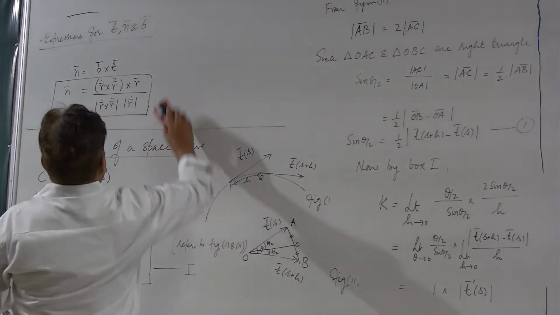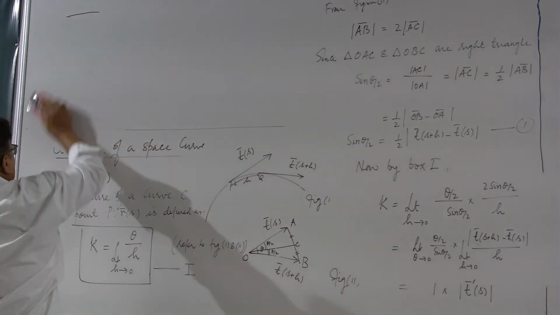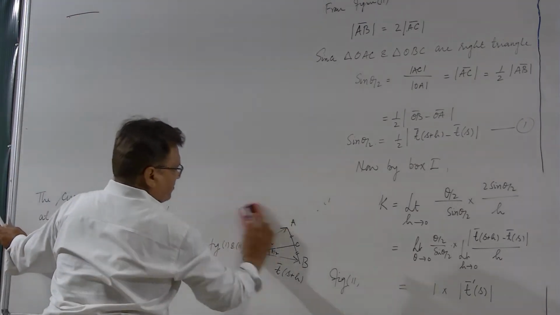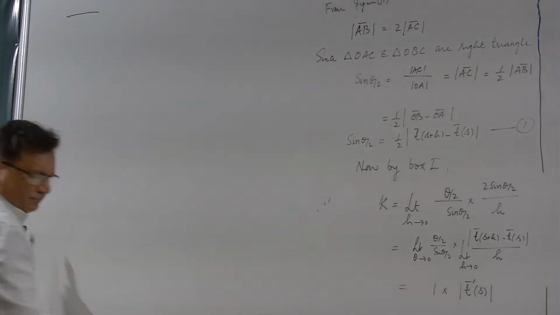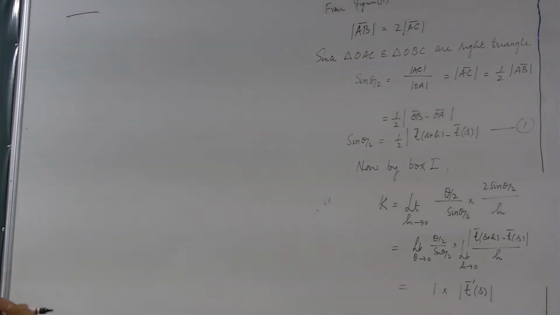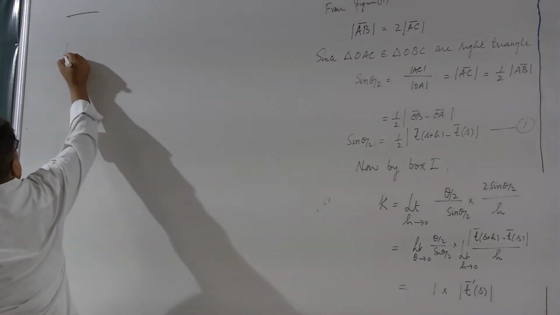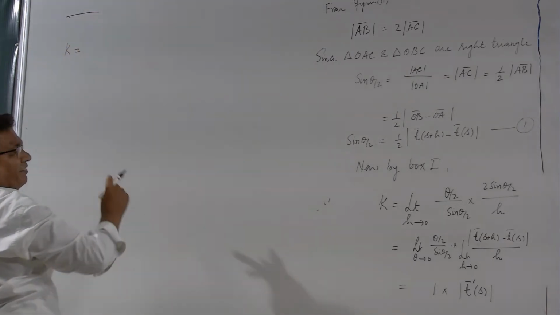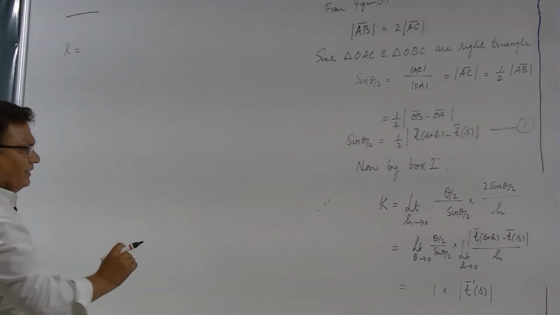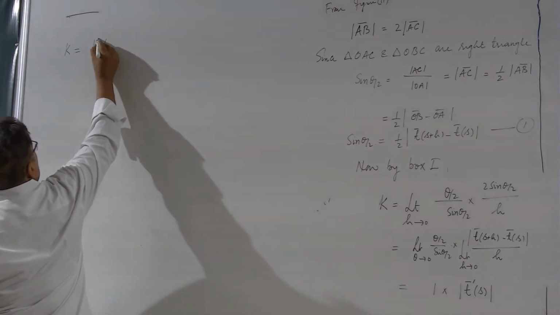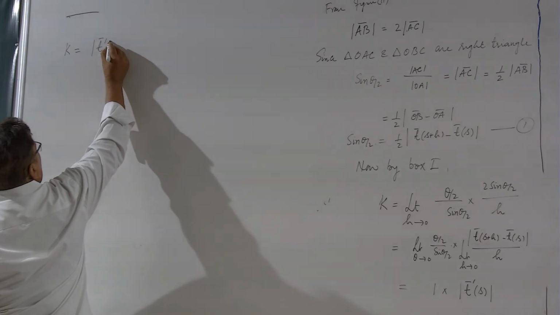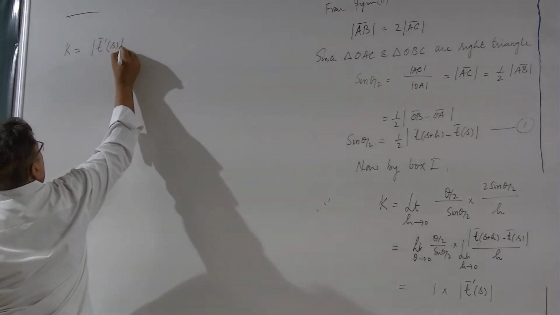You find that the curvature k, which initially we defined as the rate of change of the tangent, comes out to be T dash at a point s.